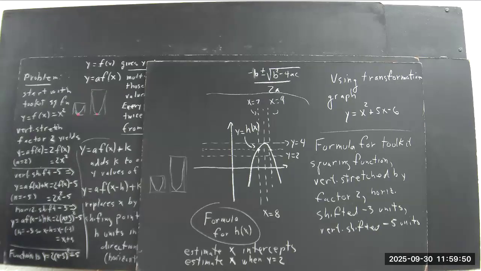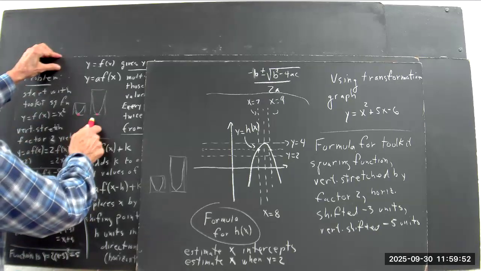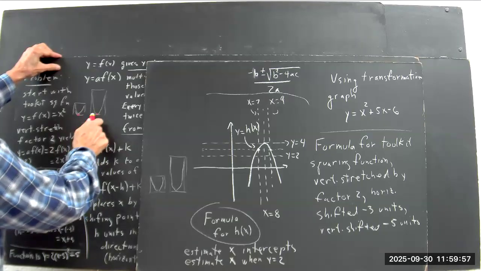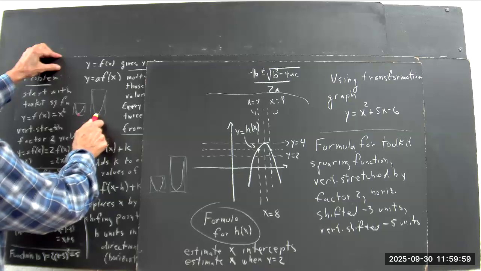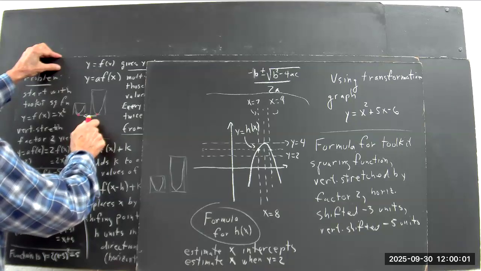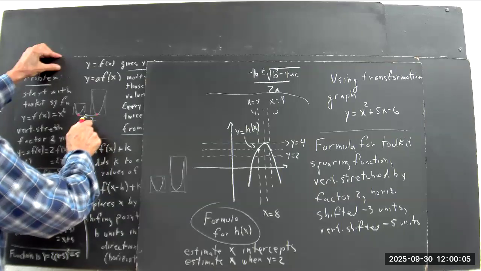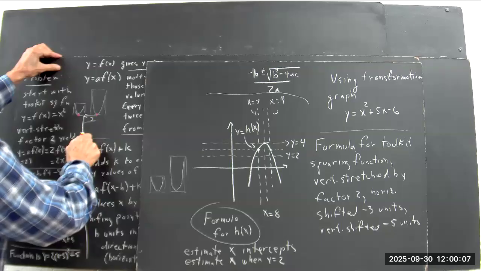Okay, so we move over 3 units to the left, and down 5 units.